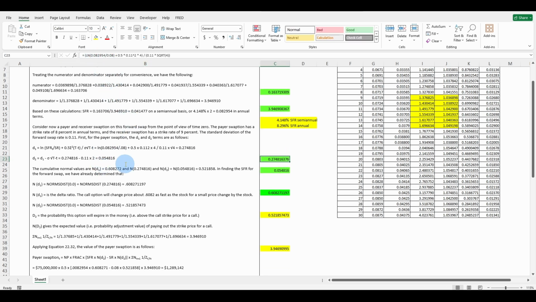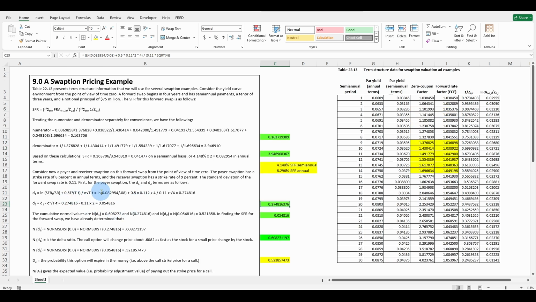So we're going to have 0.0829, and that's going to be a log normal of 0.082954. So we're going to take the SFR, 0.08295 if you want to get really particular about it. We're going to divide that by our strike rate, plus 0.05 times 0.11 squared, which is going to be times T minus t.